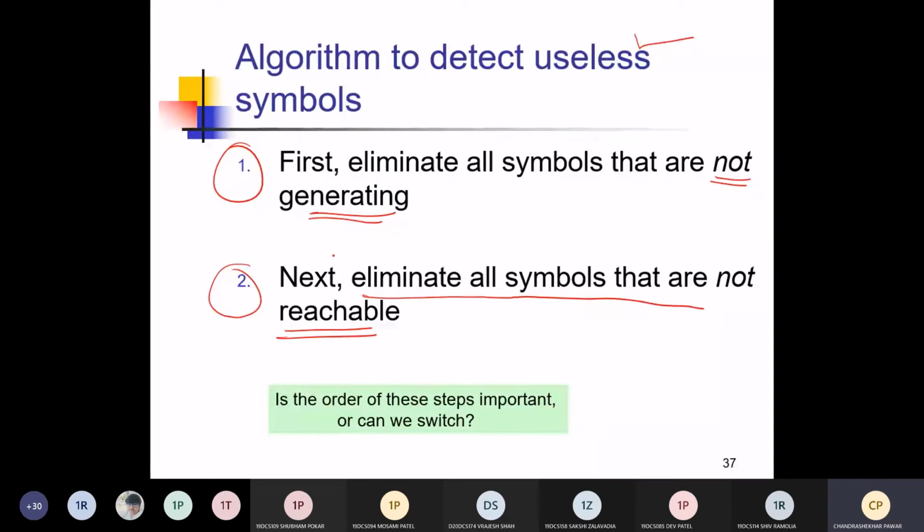If we don't follow this sequence, we are not going to obtain the correct grammar without useless symbols. Means if we do not follow this order, then we must have at least one useless symbol there, an unreachable or not generating symbol. So let us consider now how to detect the useless symbols, that is, how to detect the not generating and not reachable symbols.